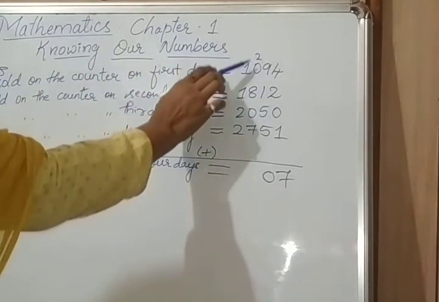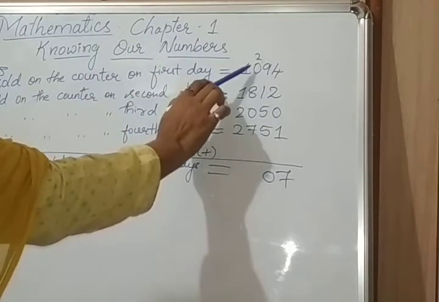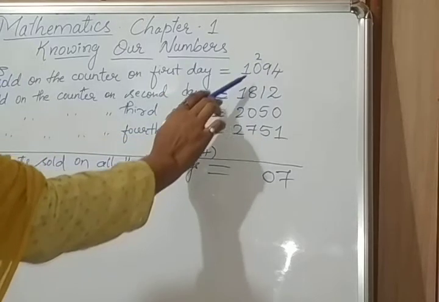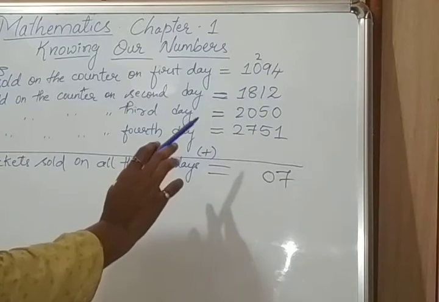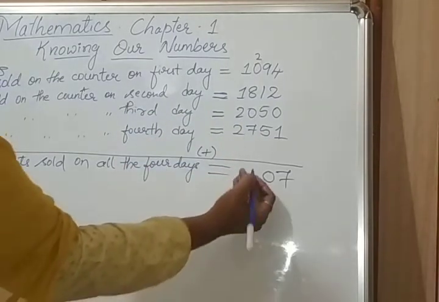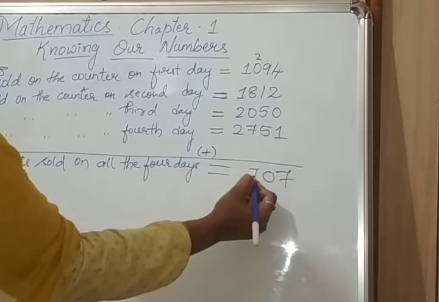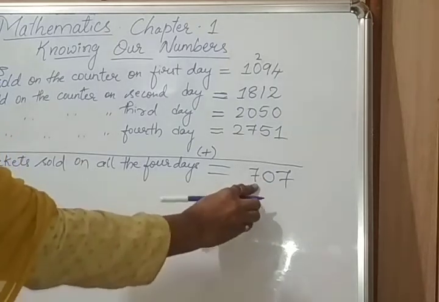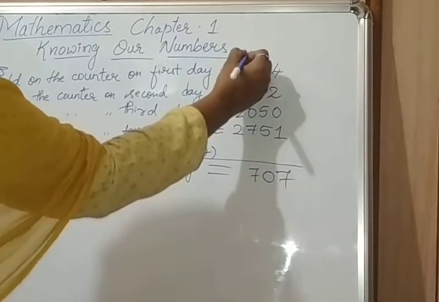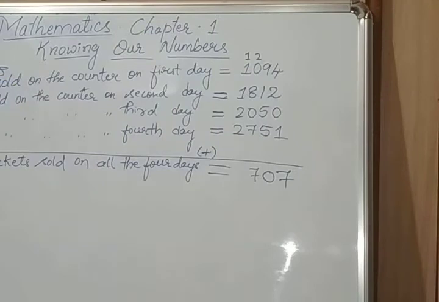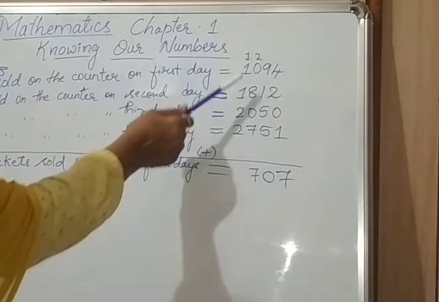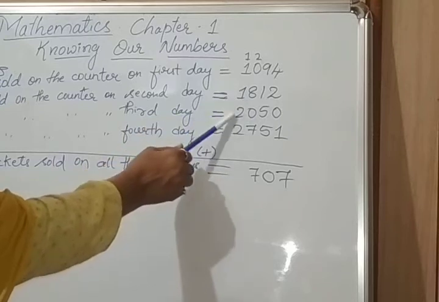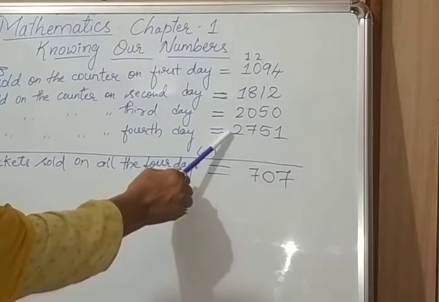2 plus 0, 2. 2 plus 8, 10. 10 plus 0, 10. 10 plus 7, 17. 17 means you place 7 in the units place and give the carry over to the tens. So 1 plus 1, 2. 2 plus 1, 3. 3 plus 2, 5. 5 plus 2, 7.